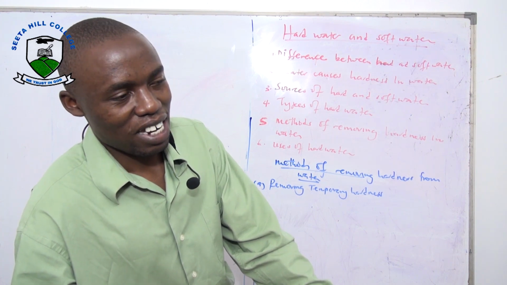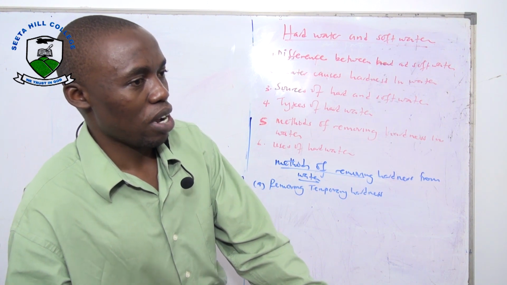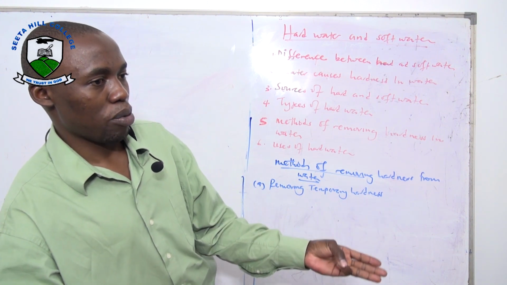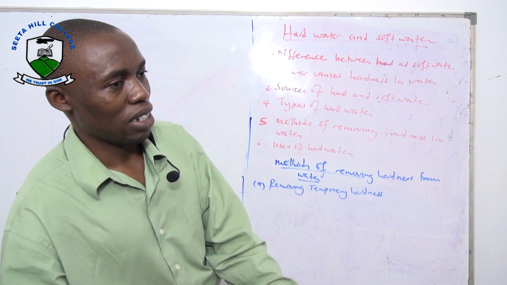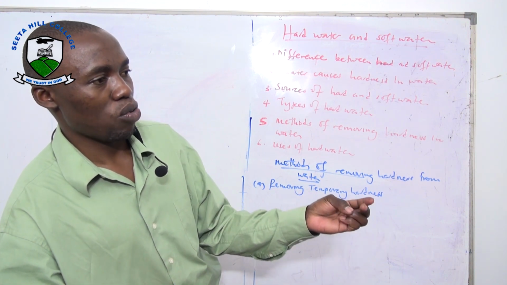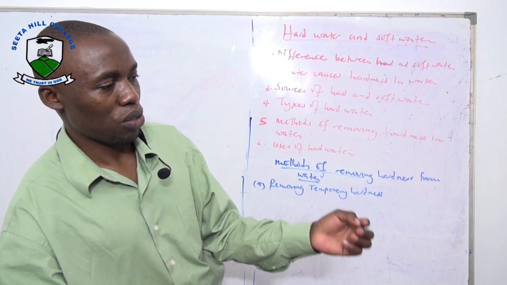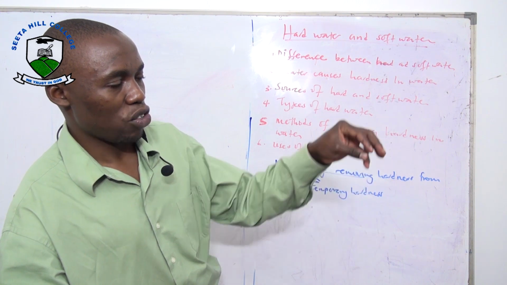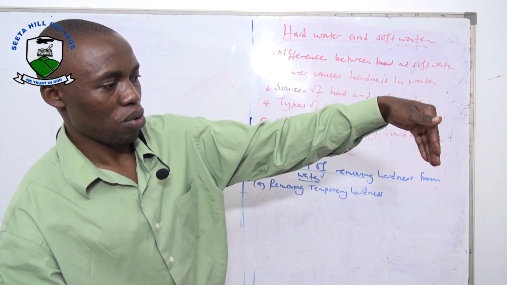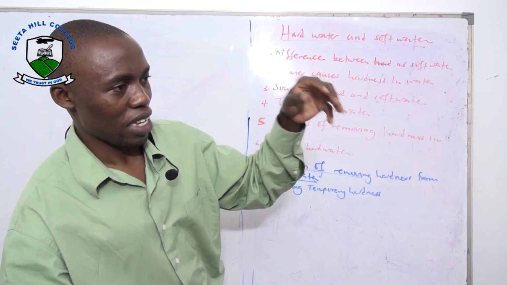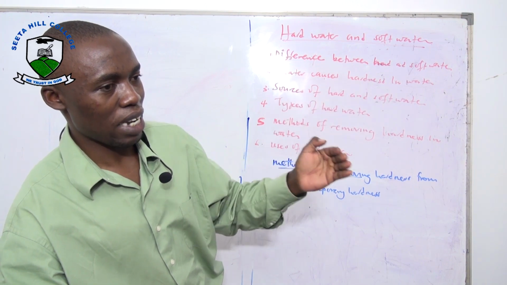That means this is going to be our project. We have many projects, preparation of carbon dioxide. Now we want to look at well water, spring water, lake water, tap water, rain water, and we add soap to each of them, shake for like 30 seconds. We compare which one formed the lather easily.